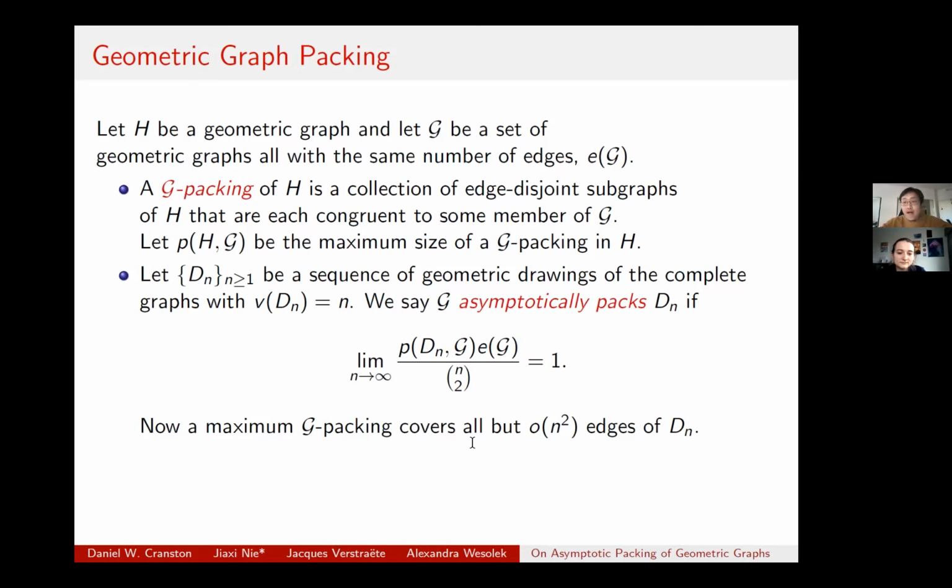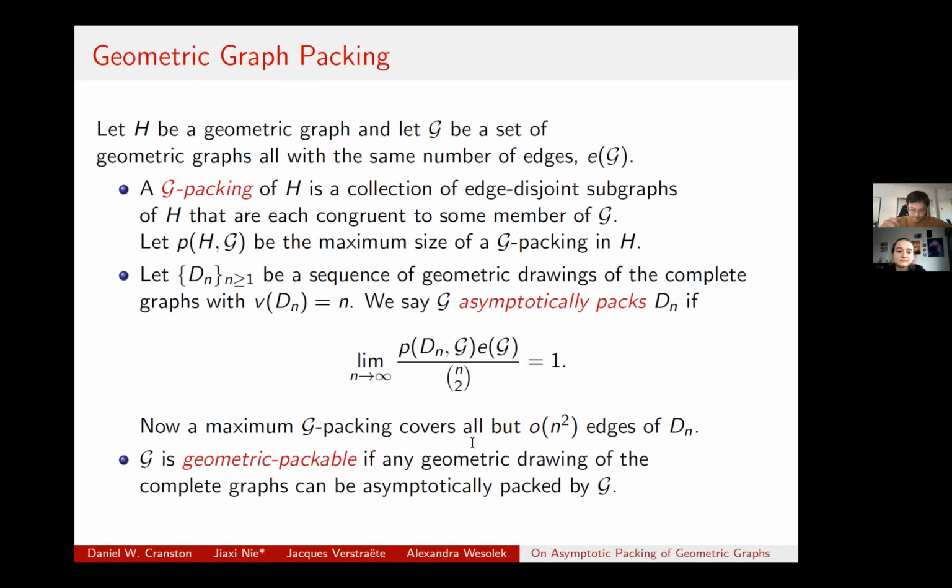So basically, this notion means that no matter how you draw the complete graph Kn on the plane, you can always find an almost perfect G packing. Under this definition, we say G is geometric packable if any geometric drawing of the complete graph can be asymptotically packed by G. Which means that it can pack into any drawing of the complete graph.